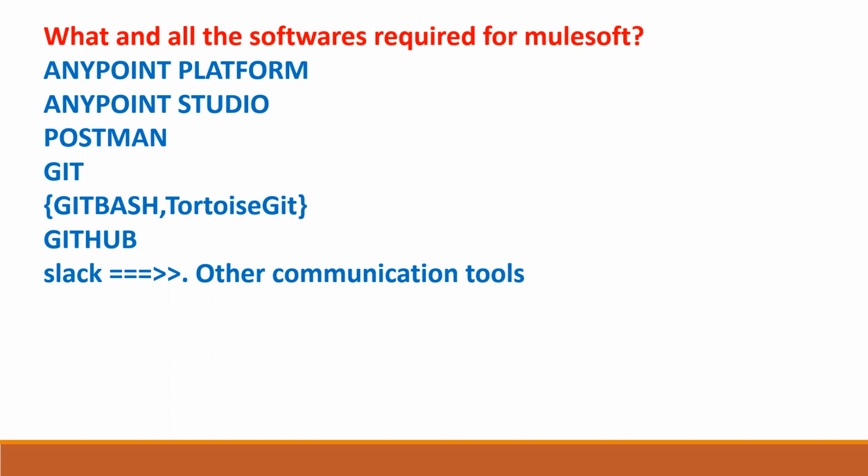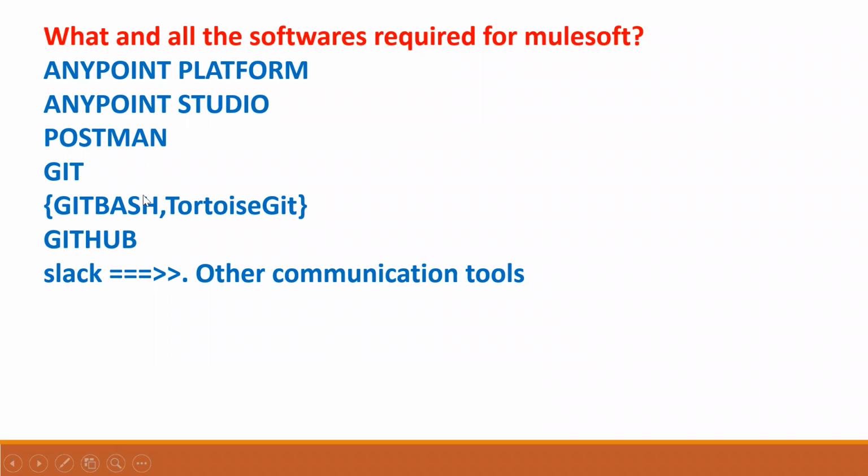In that checklist, all the softwares you want to install, they will give you in an Excel sheet. That Excel sheet, we can call it a spreadsheet. Spreadsheet is nothing but like our Excel sheet. So here they give a list of softwares like Anypoint Studio, Postman, Git, Slack. Like this, they will give you the checklist.